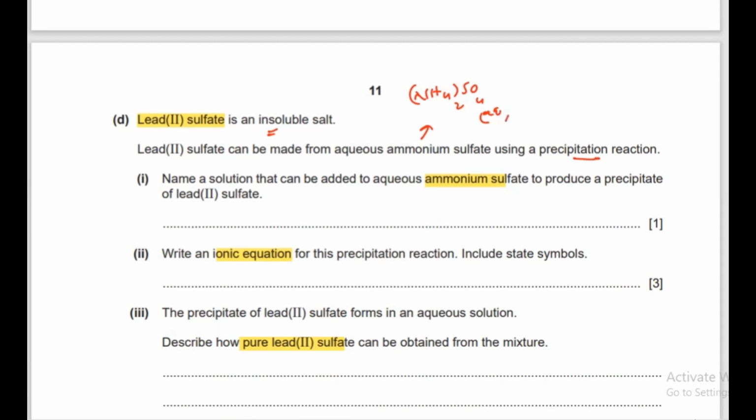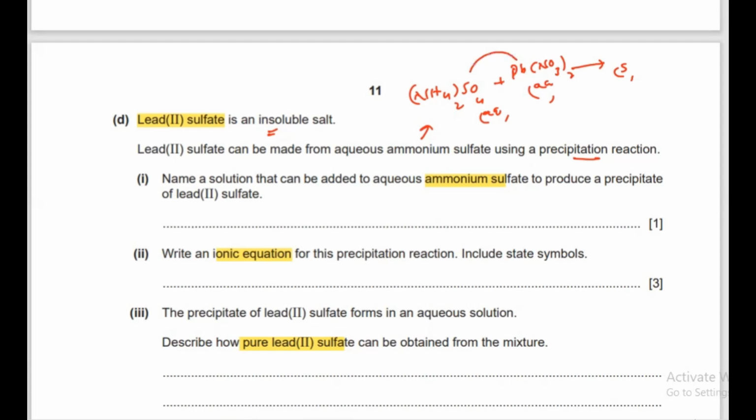Name a solution that can be added to aqueous ammonium sulfate to produce a precipitate of lead-2 sulfate. To get a precipitate, we have to mix two aqueous solutions. As we know that all nitrates are soluble, you should use the nitrate of lead. If we use the nitrate, we will get lead sulfate and ammonium nitrate.